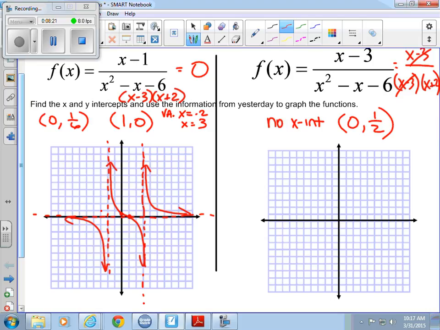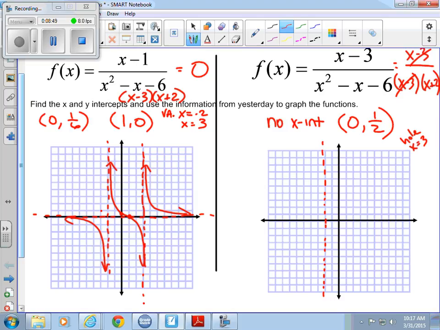Okay, someone with the information written down from yesterday's notes, remind me: asymptotes, holes, all of that information for the second graph. Where were the asymptotes? X equals -2, and only at x equals -2. And the hole was at 3. I don't know exactly where the y value is.